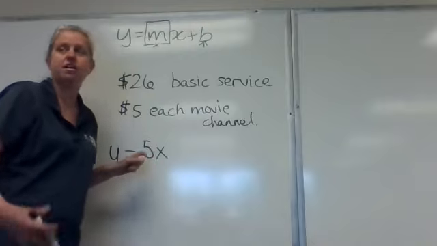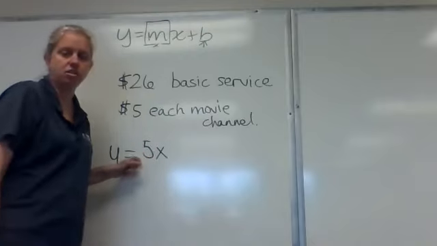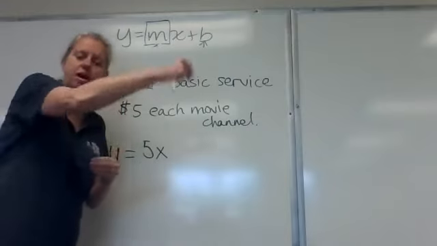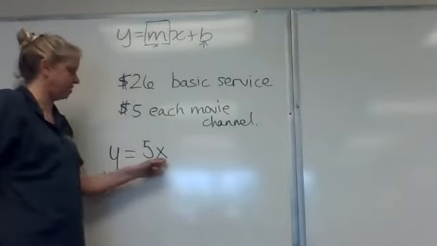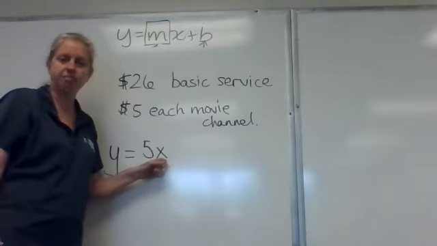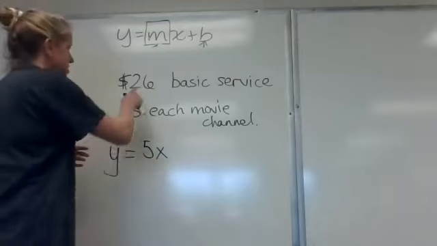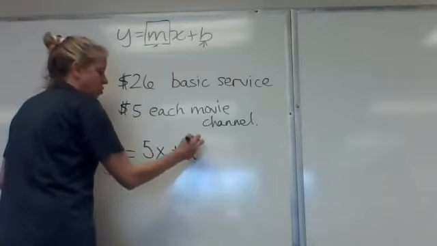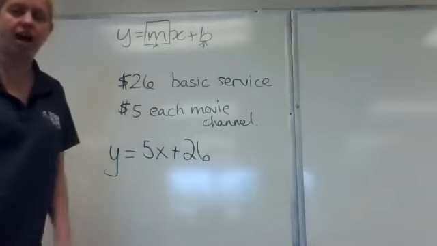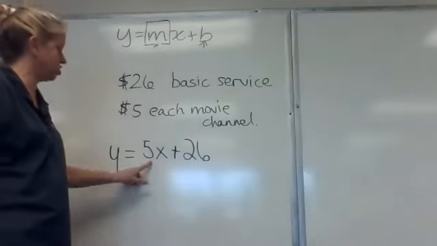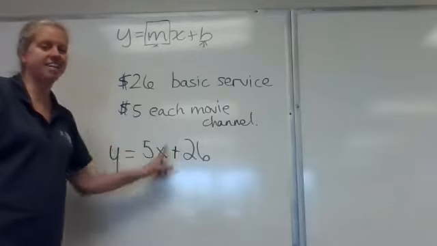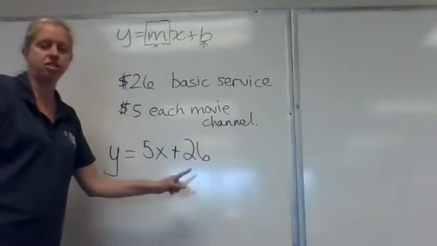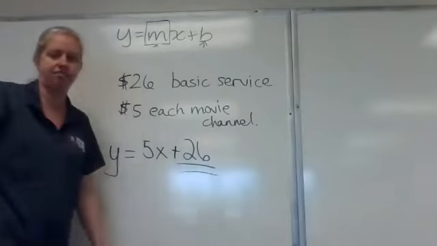So if you had 6 movie channels and it charged you $5 a month for each movie channel, you'd have 5 times 6, which is $30, right? This number is what's added on at the very end, right? Doesn't matter how many movie channels you have, you still have to add that $26. Everybody has to have that.